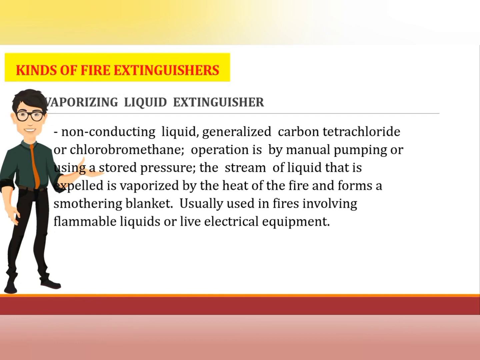Operation is by manual pumping or using stored pressure. The stream of liquid that is expelled is vaporized by the heat of the fire and forms a smothering blanket, usually used in fires involving flammable liquids or live electrical equipment.